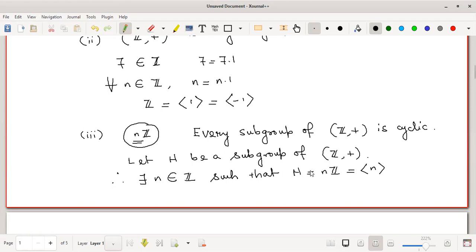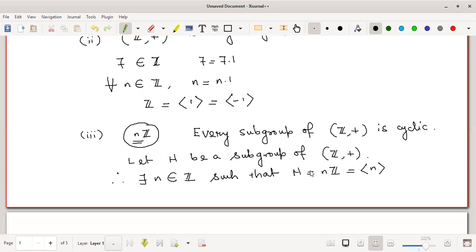Now the question is, Z plus is a particular cyclic group, and we know that every subgroup of this cyclic group is cyclic. So the general question is, is it true for every cyclic group? If I am given a cyclic group that is not known to me, what are the elements inside it, whether it is finite or infinite or what, if I don't know, can I say that every subgroup of this cyclic group is cyclic? The answer is yes.